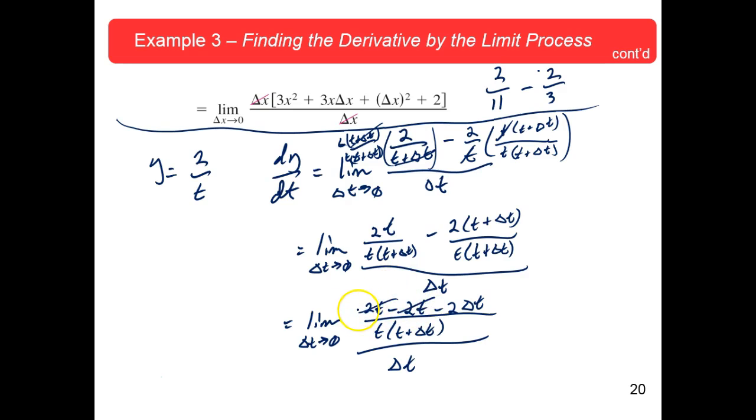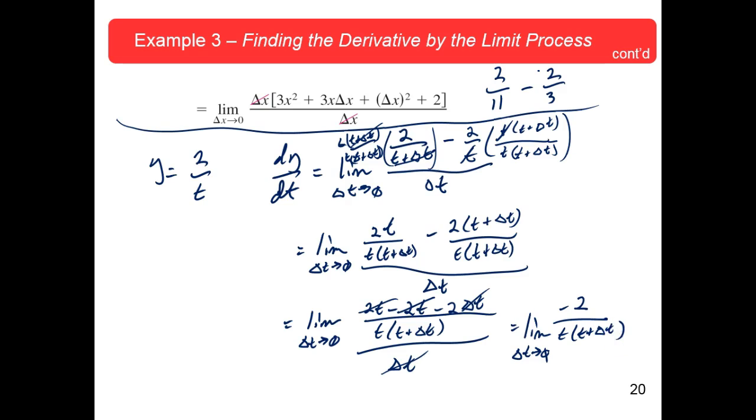And then what can you do? The delta t's can go out, right? So what does that leave you with? That's the limit as delta t approaches 0 of minus 2 over t times t plus delta t.